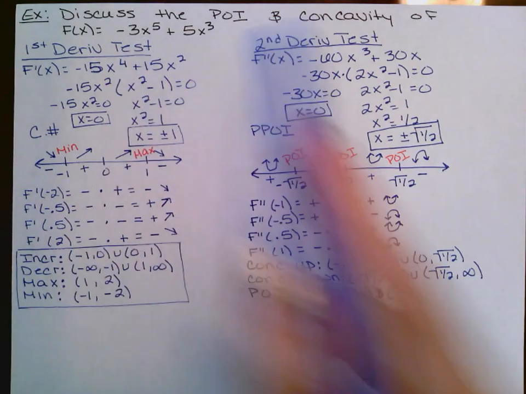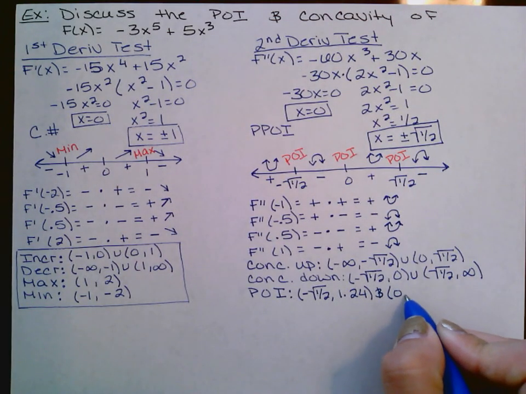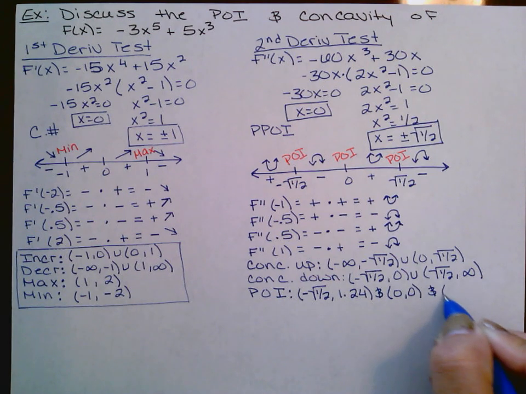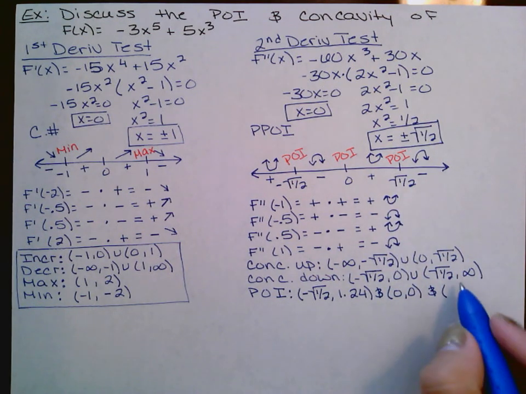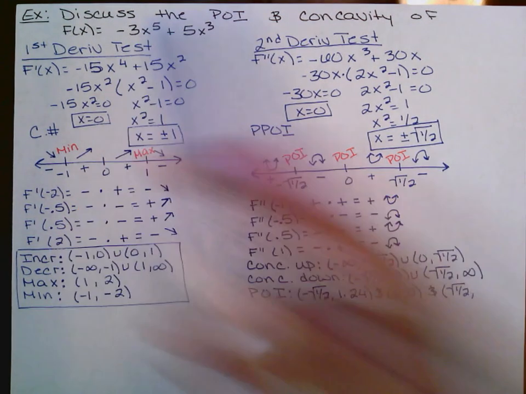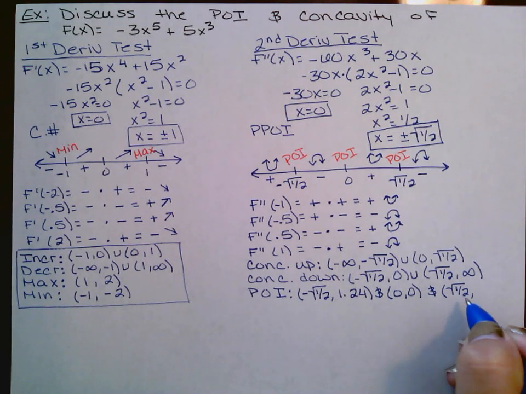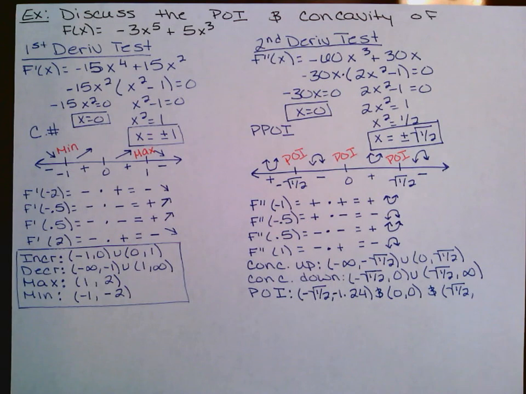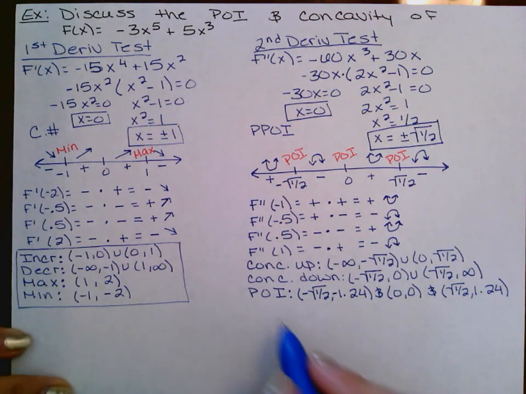If you plug 0 into here, that one should be easy to do off the top of your head. You get 0. And lastly, we have one right here at positive square root of 1/2, which if you plug it into your original, feel free to use your calculator, you get, oh, I'm sorry, this one was negative. My mistake. This is the one that's positive 1.24. All right, guys?